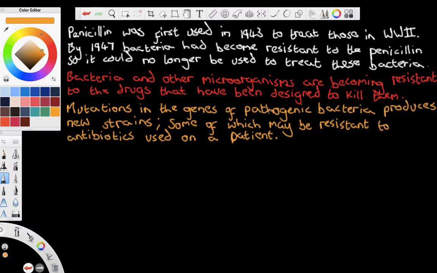Now we can think of this by modeling it with a flow diagram. Okay? So I want you to imagine that we've got a population of bacteria. So this is my population of bacteria drawn with blue dots.